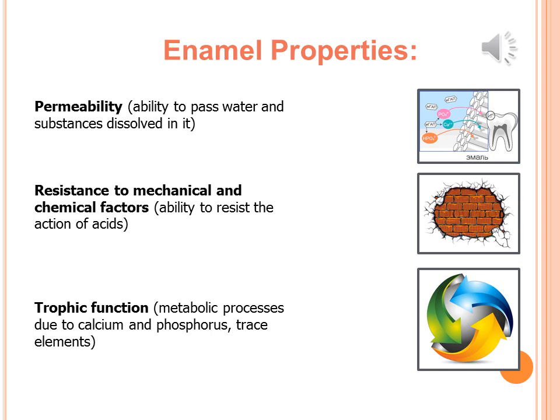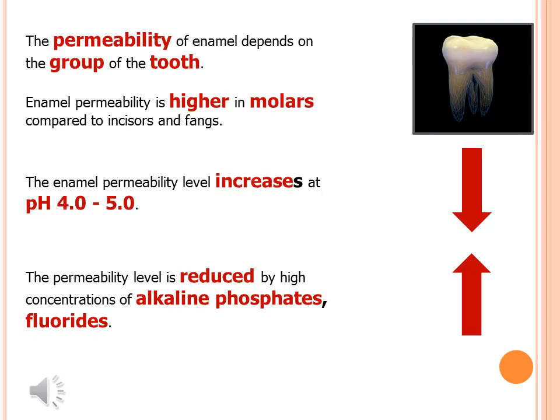Trophic function. This is a metabolic process due to calcium, phosphorus, and trace elements. The permeability of the enamel depends on the group belonging of the tooth. The permeability is higher in molars than in incisors and canines.